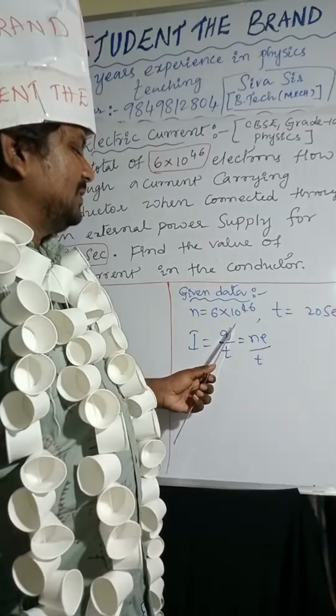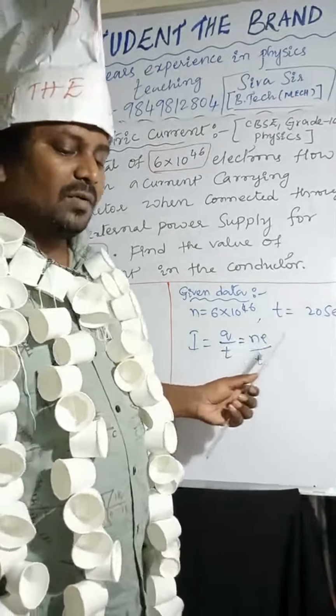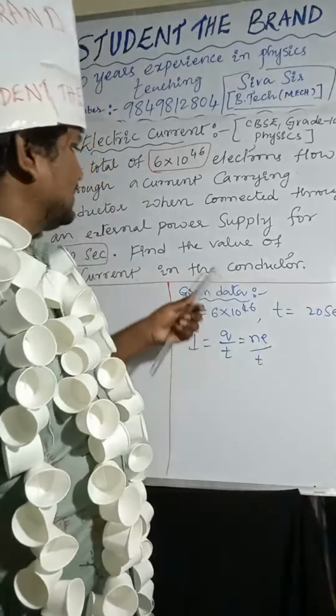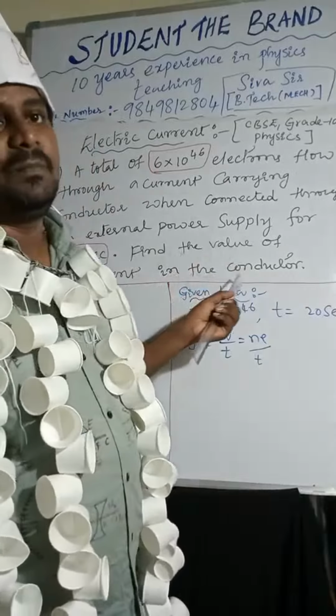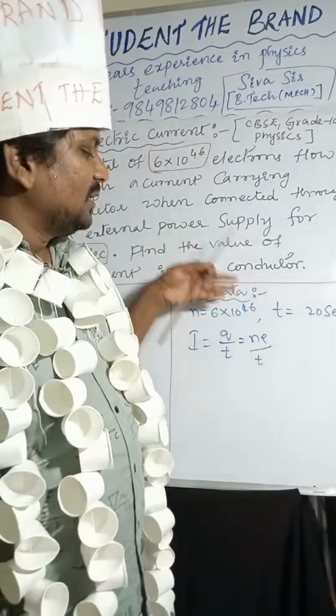They didn't give the charge, they only gave the time. How can we find the I value? They're asking to find the current in the conductor, and without knowing the charge we can't find it.